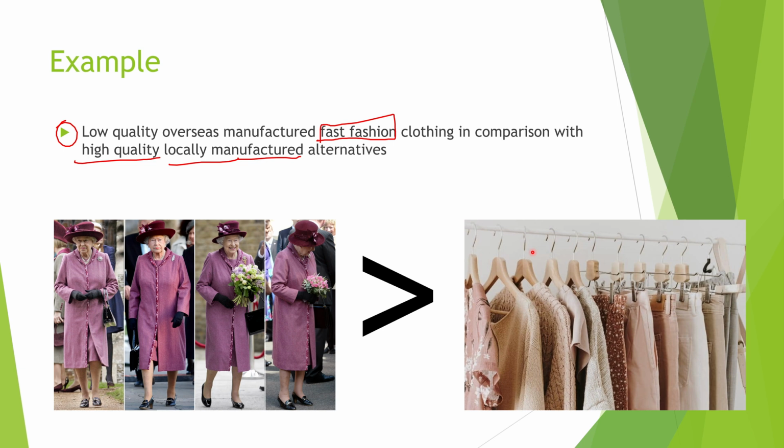Even if you want to keep these things, they're falling apart or losing their color or losing their shape after one or two washes. I've put a picture of the Queen here, the former Queen, God bless her, sadly passed away now, and she was quite well known for wearing the same outfit many times over many decades, whereas obviously your H&M, your Zara, you know, your cheapos often get used once and then returned to the store.